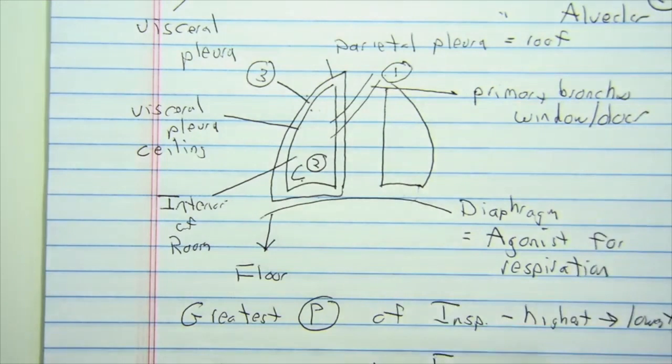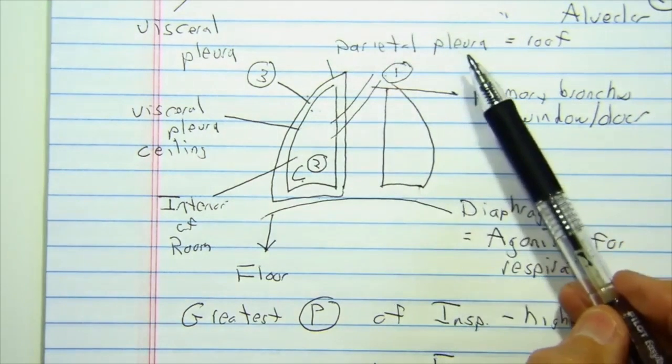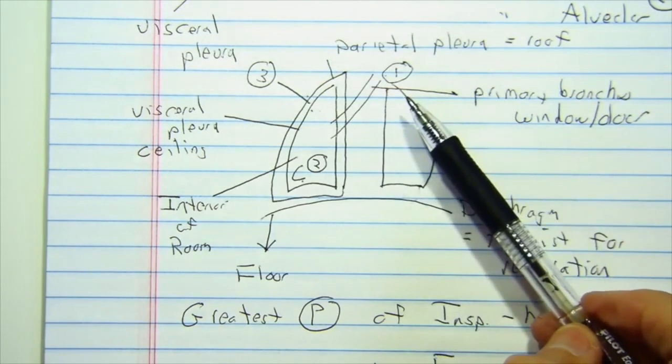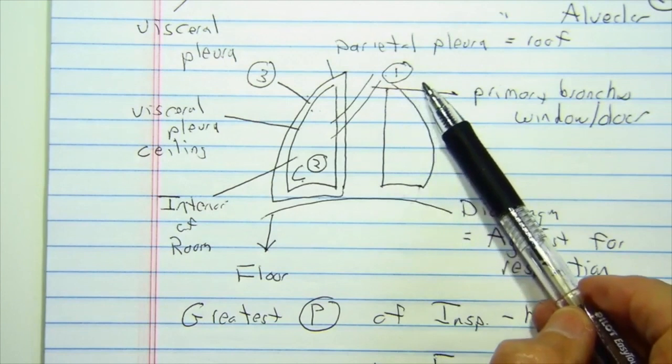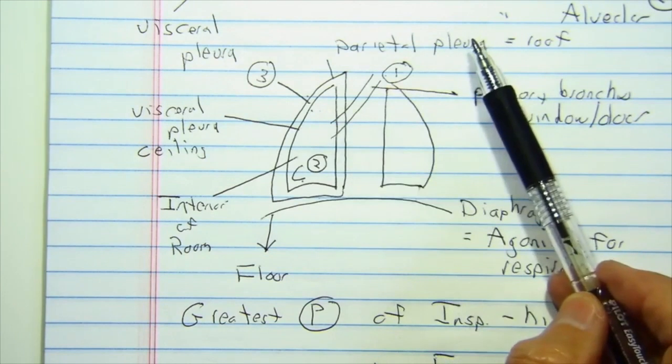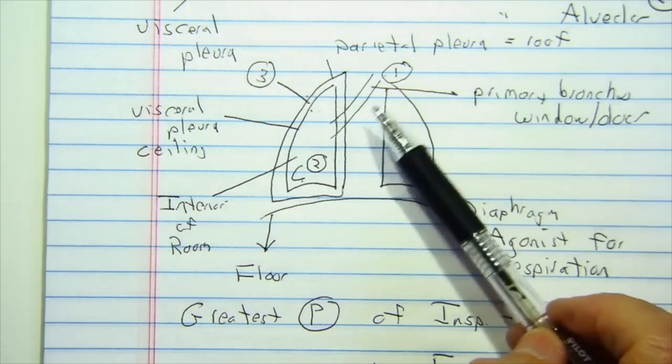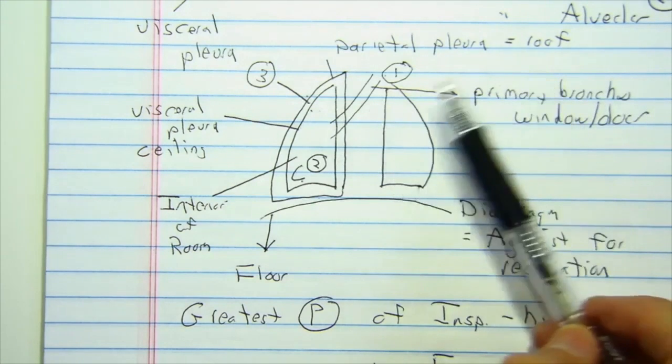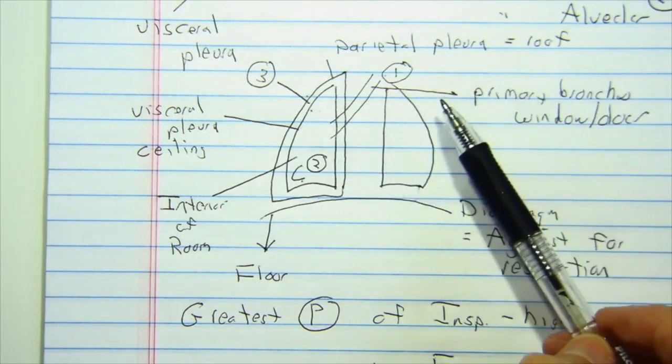So the greatest pressure, if I want to bring air into my lung, that means the greatest pressure to go in, always think of pressure moves from higher to lower. When gases diffuse, they go from higher to lower.